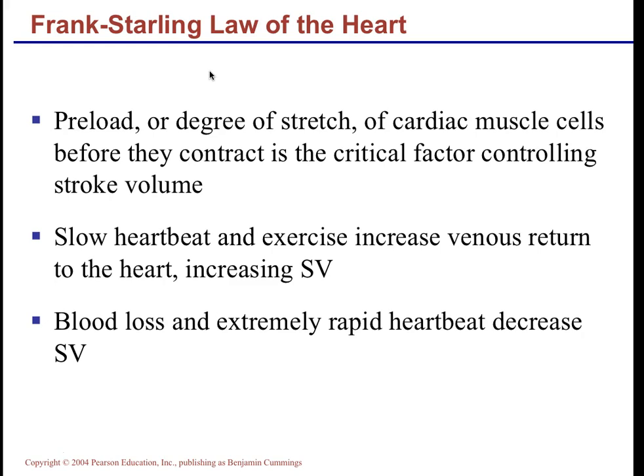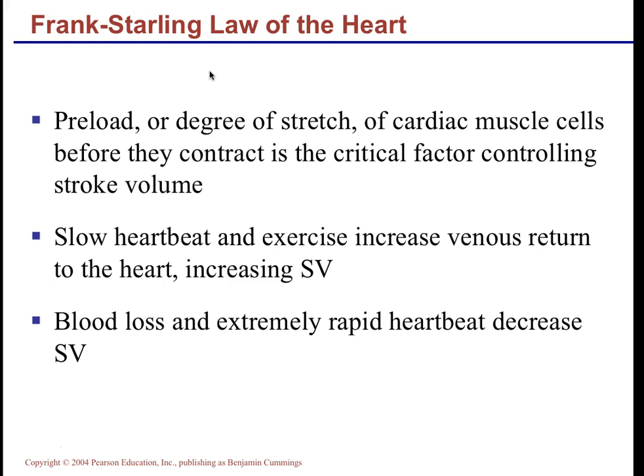And we tend not to think about the elasticity of the heart, but the heart is quite elastic. Yes, it has millions and billions of cardiac muscle cells, but between them they have a lot of elastic fibers. You want the heart to be elastic, so you want it to contract and then recoil and relax and so forth. So it becomes very important to have a little bit of stretch.